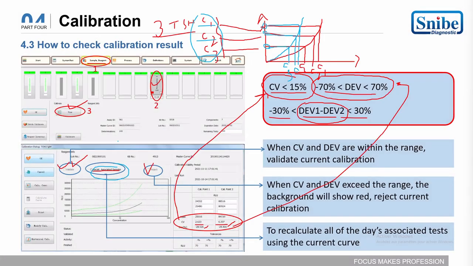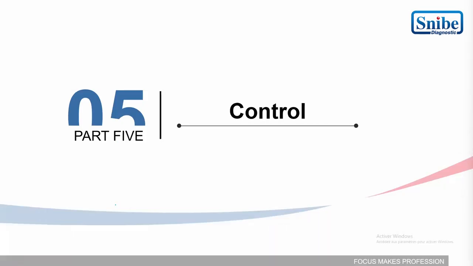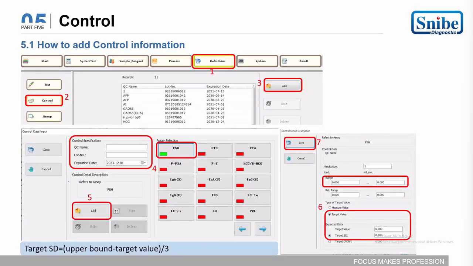After you validate your calibration, you can, for example, run the quality controls. But if this is the first time you use the quality controls, you need to add the information about the quality control in the user software.